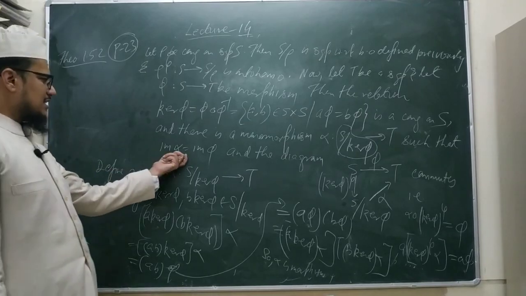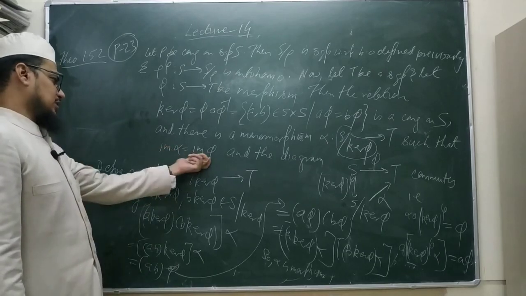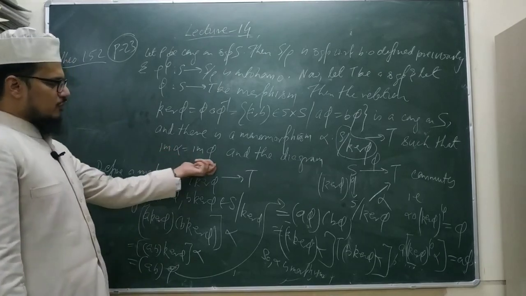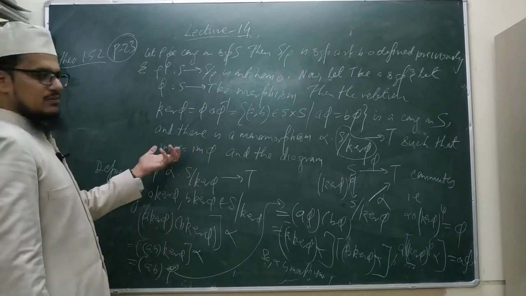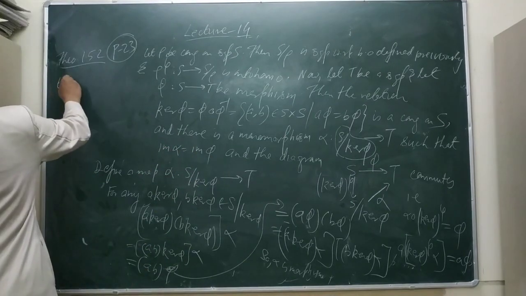Now what is left? Now we have to prove that image alpha is equal to image phi, correct? To prove this, you take an element here and prove that it goes here, and also in the converse way. So you take t belonging to image alpha.